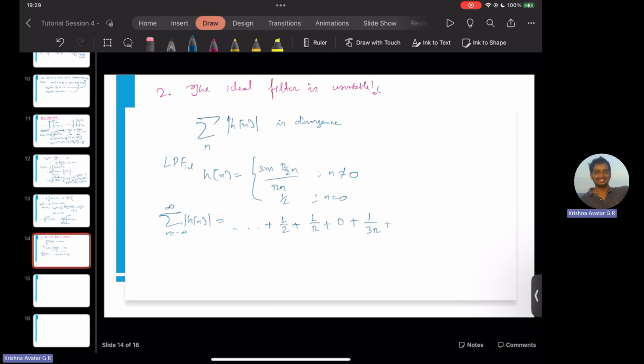Right? And it so happens that as you keep on increasing n, it will be unbounded. It tends to plus infinity.